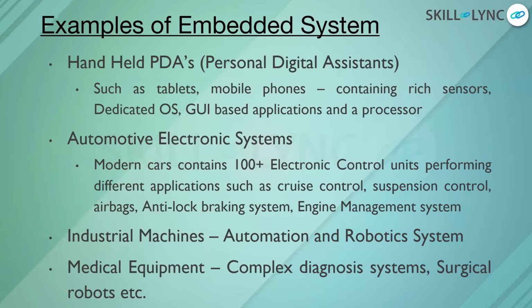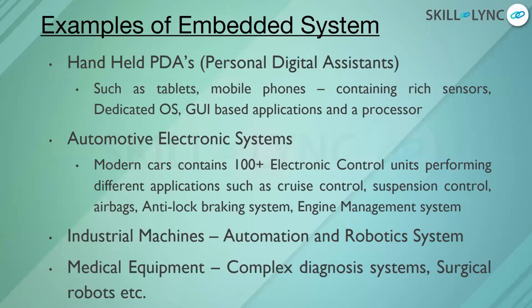If you don't have an embedded system in place, the engine in the car will not run. I'm not talking about a very advanced engine in a very new or sophisticated car. Even a very old Maruti car comes with an electronic fuel injection system.